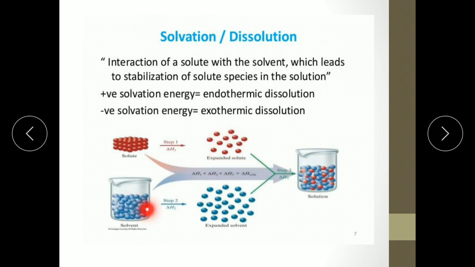In second step, solvent molecules will form some cavity, and these solute molecules will get inserted in these cavities to form the solution. This process is also called solvation or dissolution. If positive solvation energy will be there, then that will be endothermic, and if it is negative, solvation means exothermic, where energy is released.